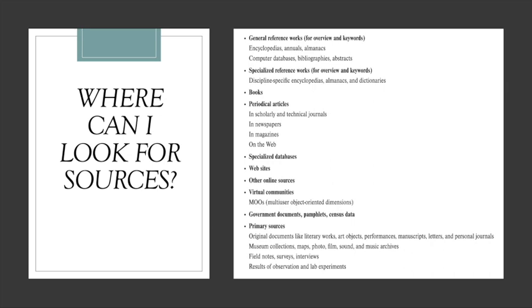General reference works such as encyclopedias, bibliographies, abstracts, specialized reference works, books, periodical articles, which include those scholarly journals that we were just talking about, newspapers, magazines, different articles on the internet. You'll have specialized databases, websites, virtual communities, government documents, primary sources. The list goes on and on.